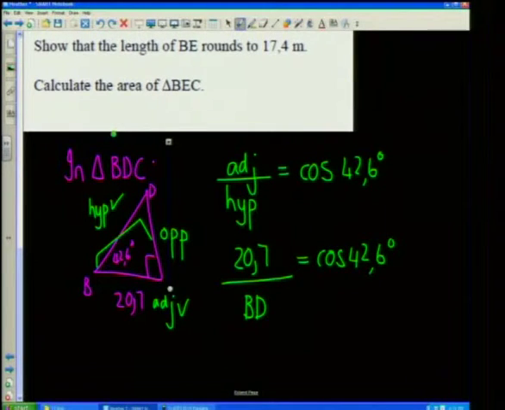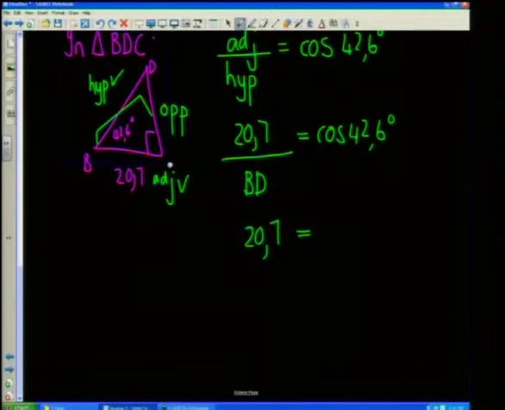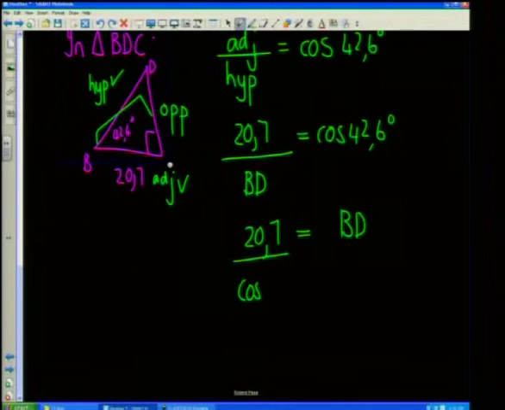No problem. This time I've got to get BD, which means that I'm going to multiply up, guys, both sides by the BD. So that means I'm going to land up with BD up on my right-hand side, and I'm going to divide by the cos of 42,6.